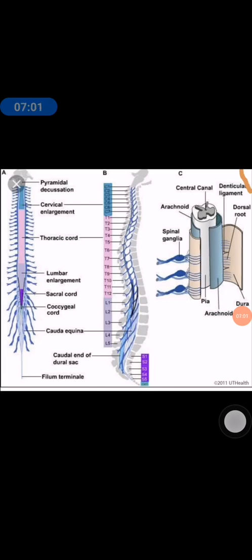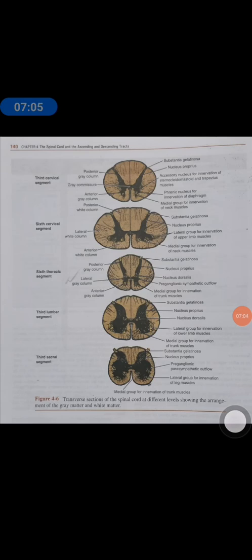The neurons of the anterior horn are divided into three groups: medial group, central group and lateral group. The neurons of the medial group innervate the skeletal muscles of the neck and trunk, that means intercostal and abdominal muscles. The neurons of the central group form the phrenic nucleus in cervical 3, 4, 5 segments, which supplies the diaphragm.